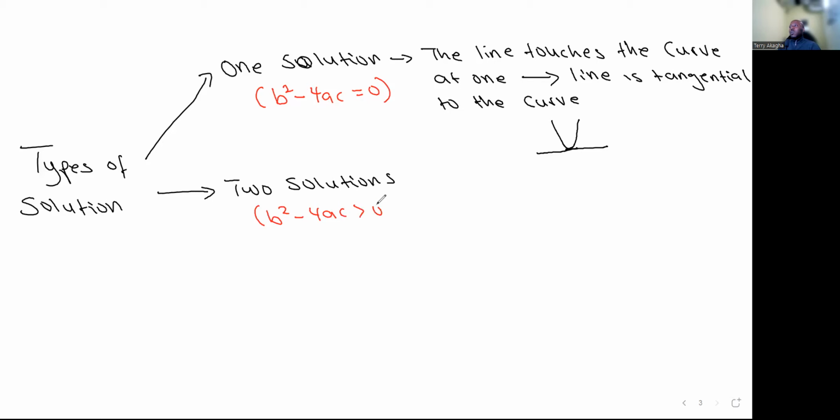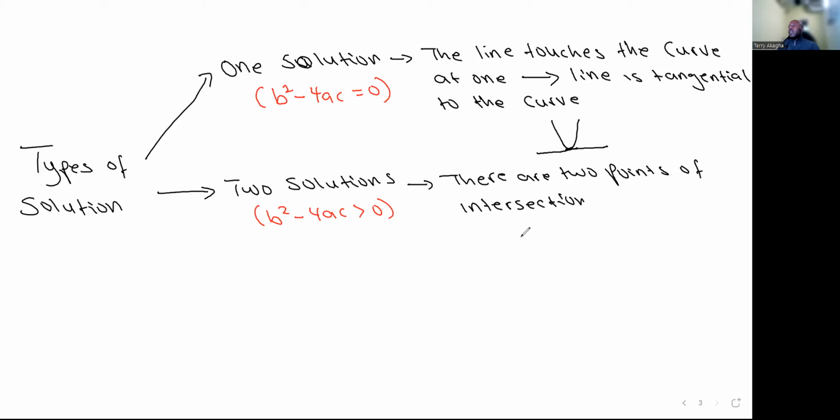For this to have two solutions, there'll be 2 points of intersection, between either the line and the curve or just the two curves.